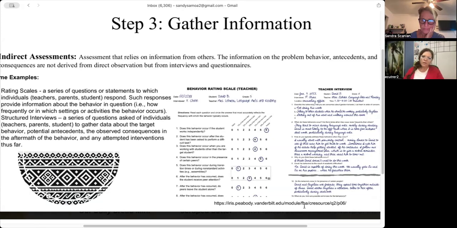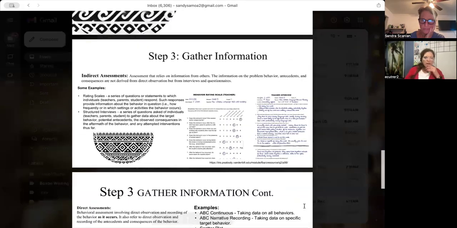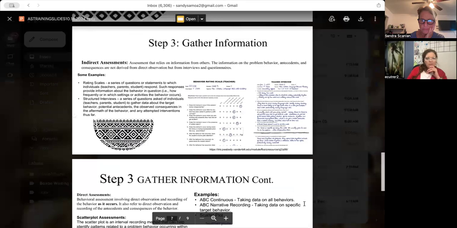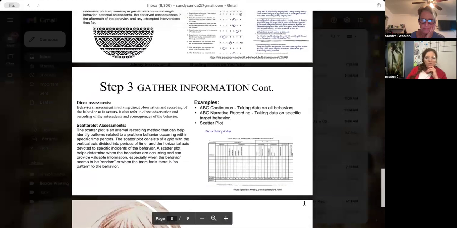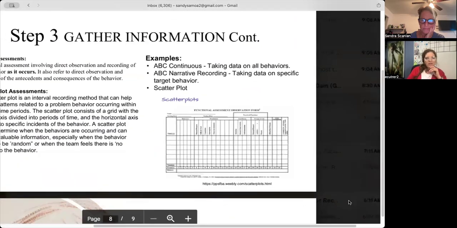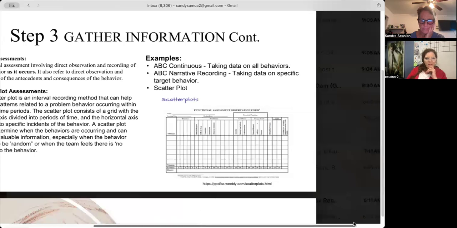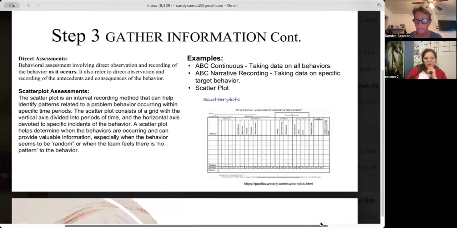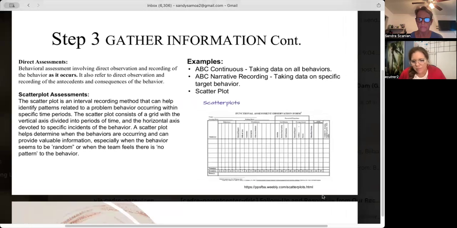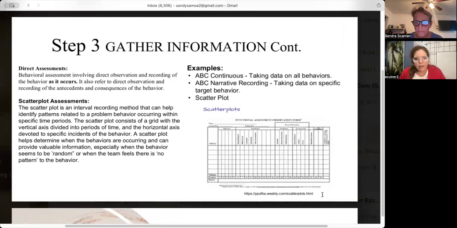So if we go to step 4, if you want to move there, Sandy, thank you. This is also gathering information, and this is the direct assessment. So we're looking at the direct observation of what's happening. You can see this scatter plot. It's a little bit blurry, but it also gives you that link on the bottom there.